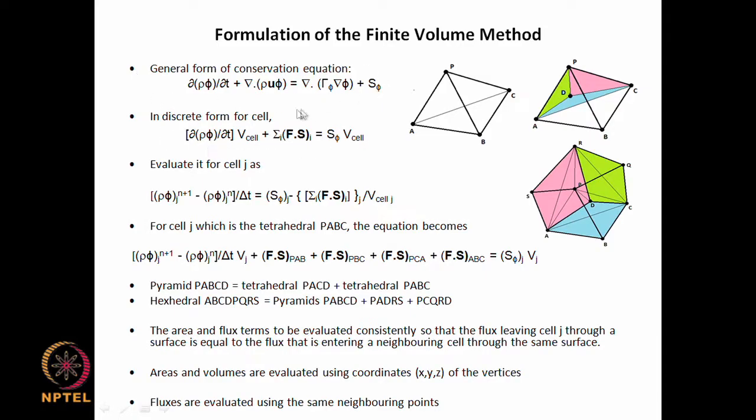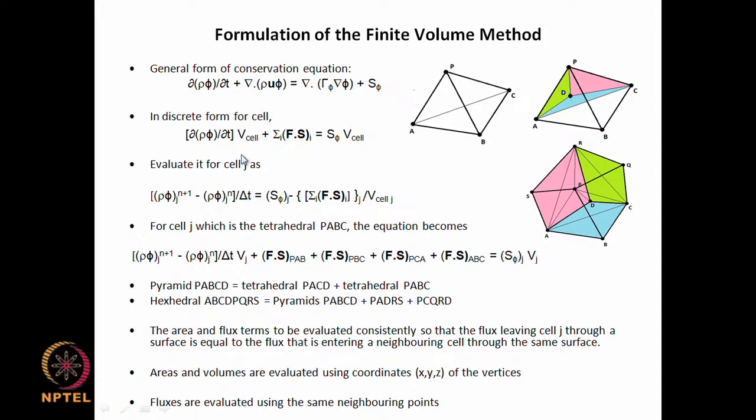The discrete form is what we have just shown, and if you evaluate it for cell j, and write this dou phi by dou t using, for example, first order forward in time, then rho phi of cell j at n plus 1 minus rho phi of cell j at n, divided by delta t, is dou phi by dou t for cell j.